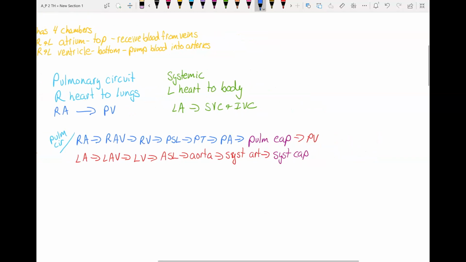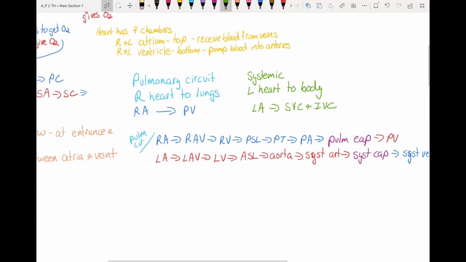Then we have deoxygenated blood in your systemic veins. These merge together as they get closer to the heart, and you end up with the superior vena cava and inferior vena cava, putting blood back into your right atrium. And this whole line is the systemic circuit.